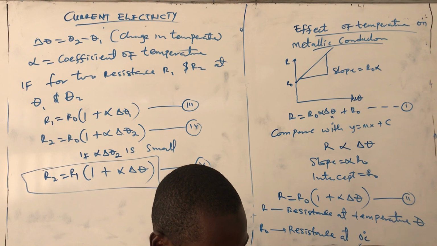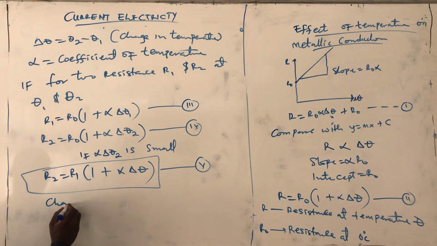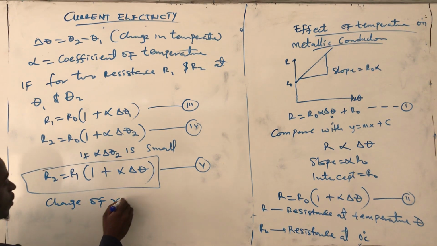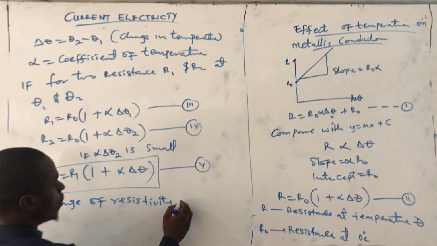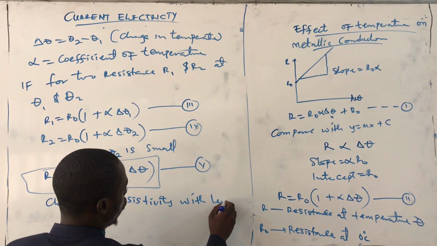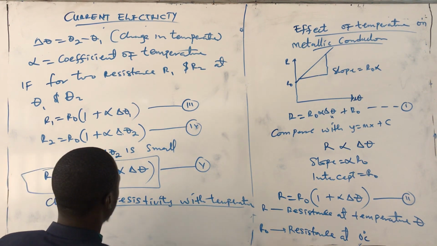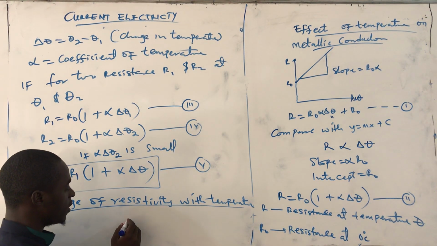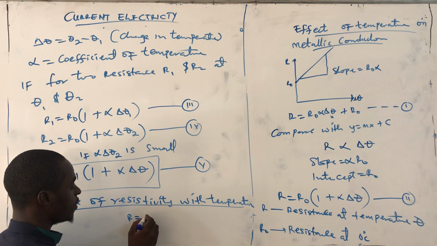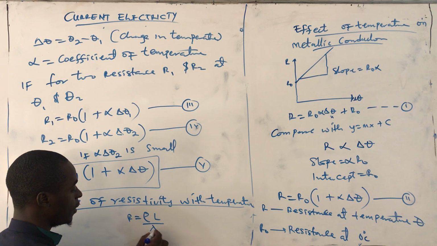Then also we have the change of resistivity with temperature. You know that from our formula, resistance is equal to rho L over area.